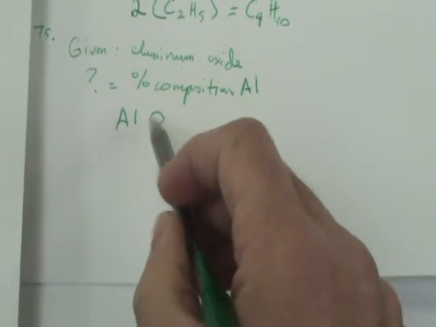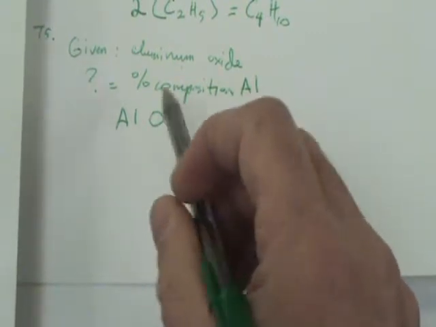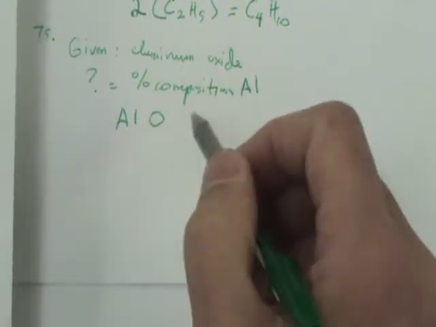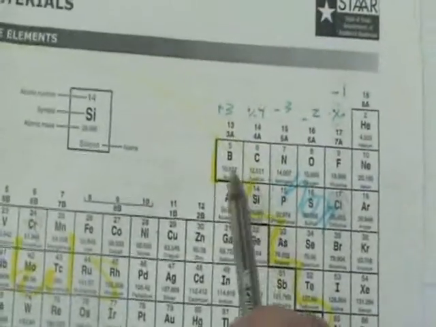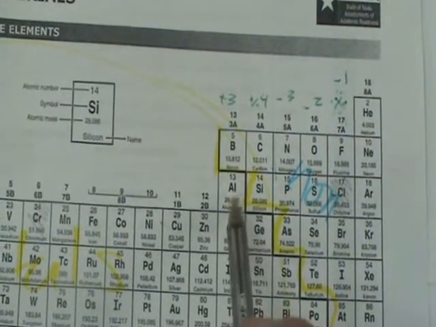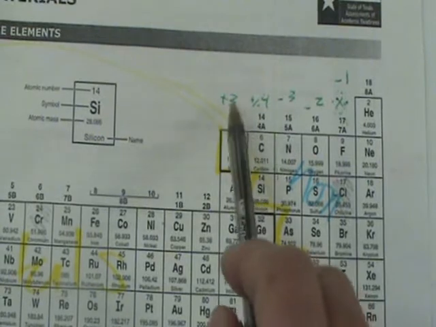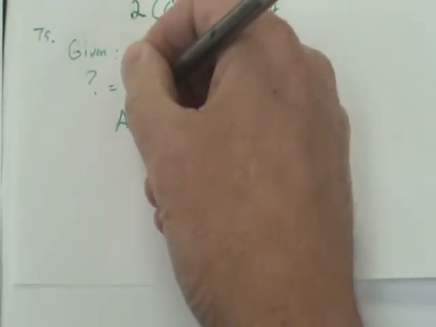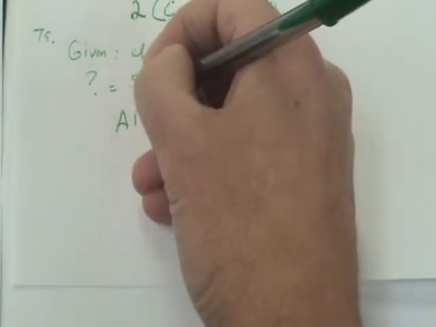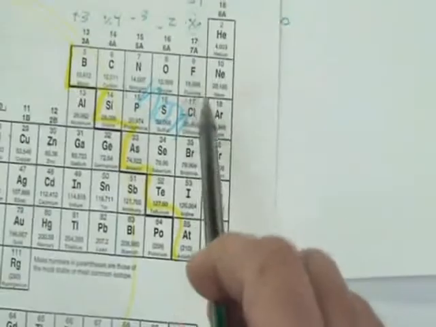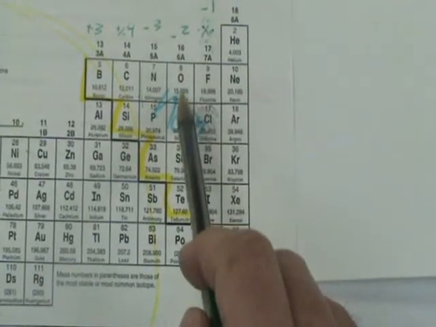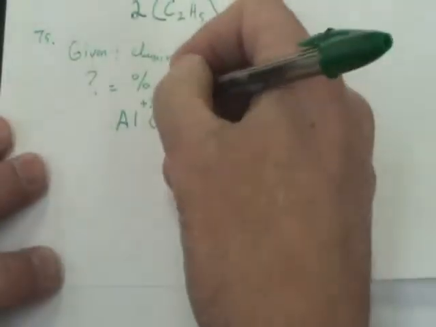We want to know our oxidation numbers for these compounds. Aluminum is our metal, so it's got a +3 charge. Oxygen is our nonmetal. It's got a -2 charge.